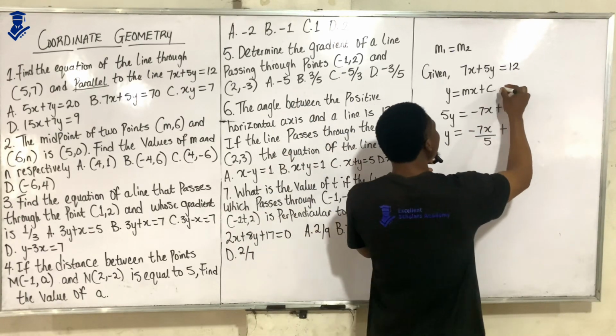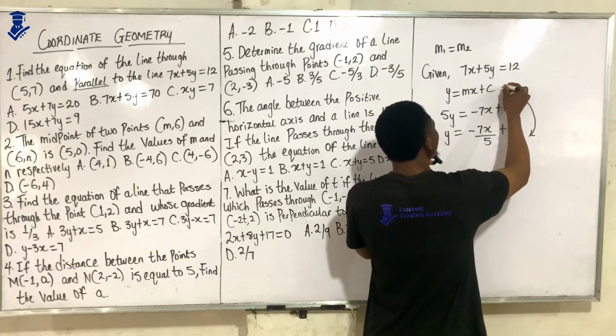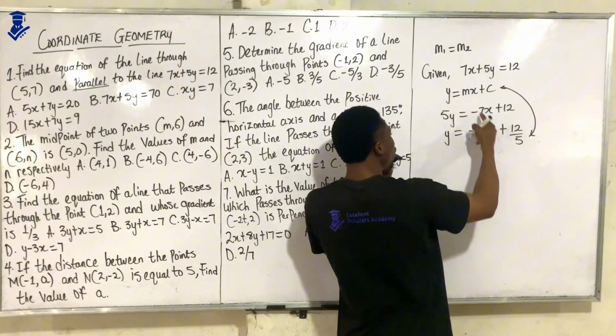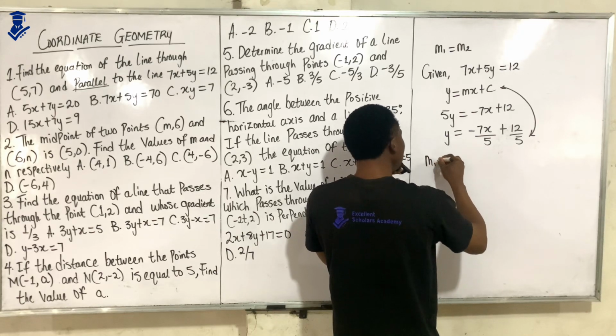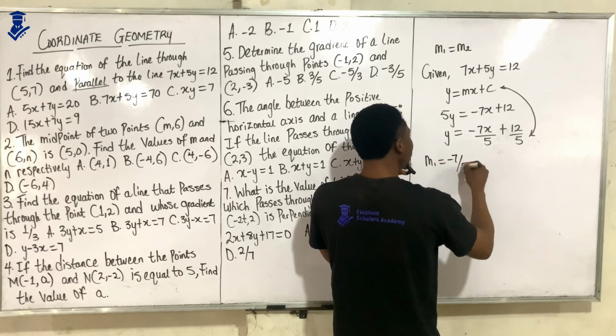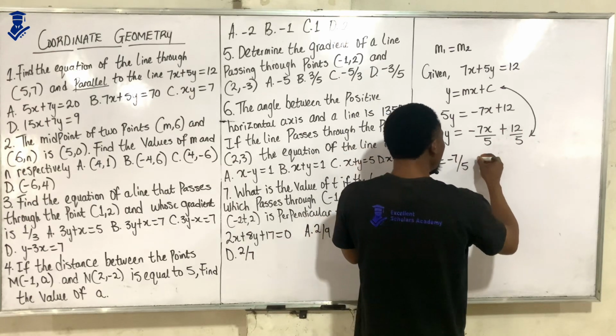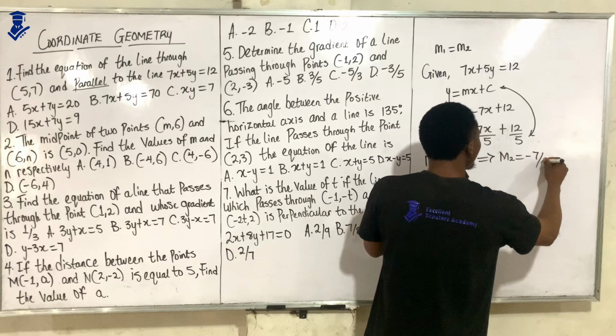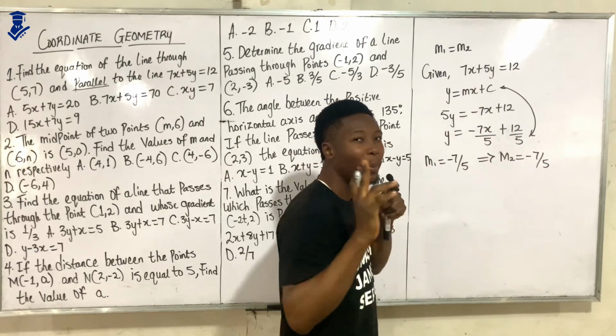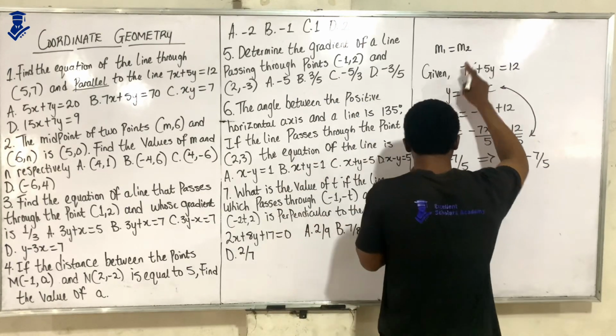Now comparing this with this, you find out that the gradient is minus 7 over 5. So it means that m1 is equal to minus 7 over 5. It also implies that m2 is equal to minus 7 over 5, because when two lines are parallel, m1 is equal to m2.